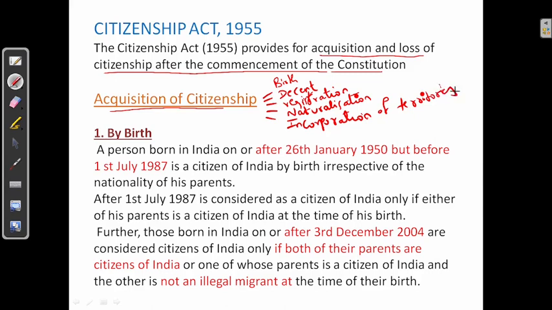Okay, by incorporation of territories. So acquisition of citizenship is done by 5 things: by birth, by descent, by registration, by naturalization, and by incorporation of territory. First, let us see the acquisition of citizenship by birth.